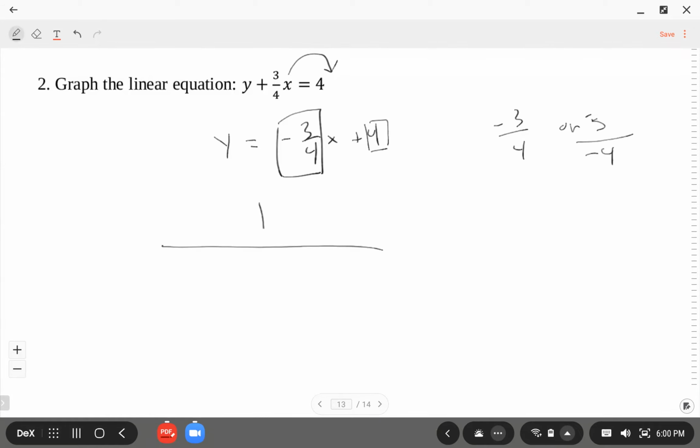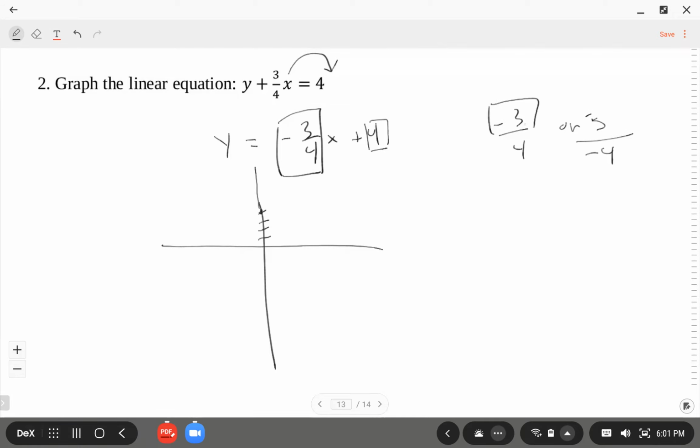So now we have our coordinate grid, okay? And what is our y-intercept? Our y-intercept is 4, right? So 1, 2, 3, 4, okay? We just find our y-intercept wherever it is on the coordinate grid. And now we have to find the slope, okay?